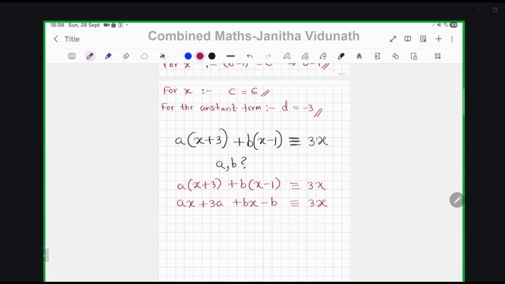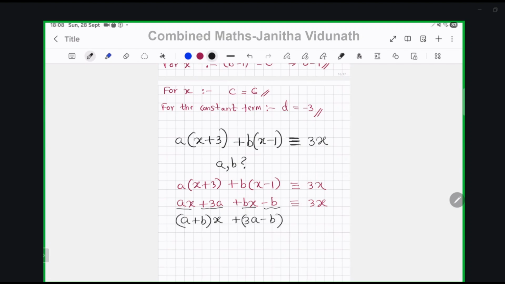We need to add the x terms to get the final x term, that means (a plus b)x. And for the constant terms, we have 3a minus b.